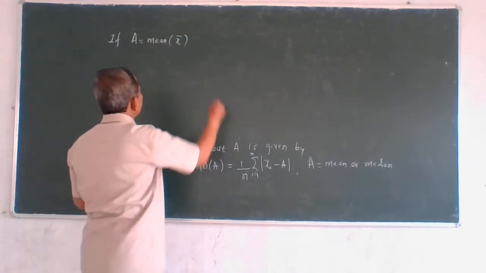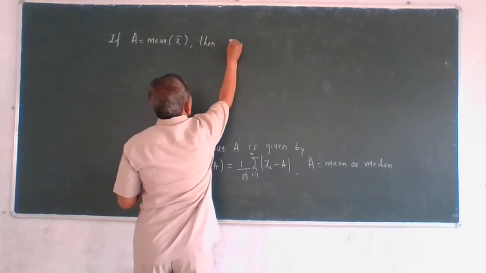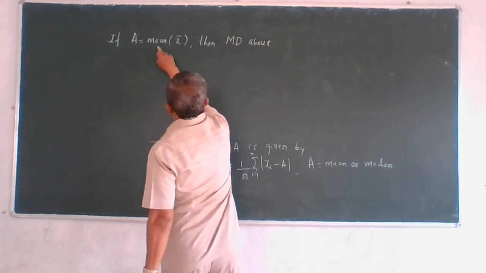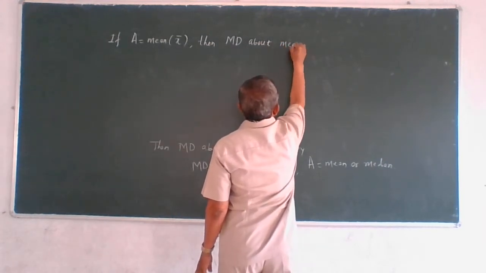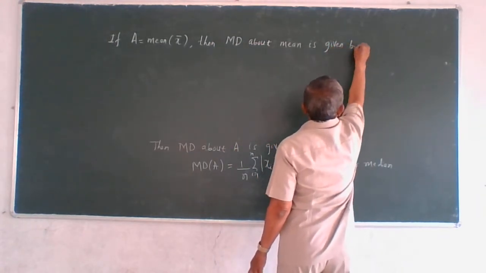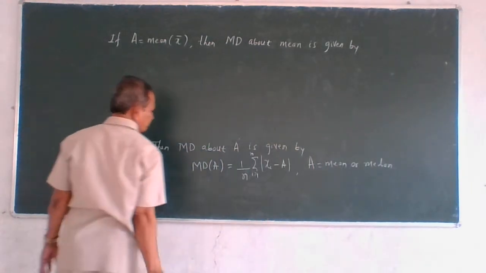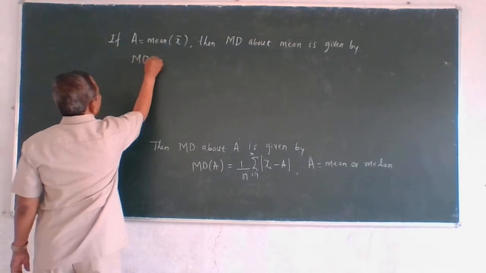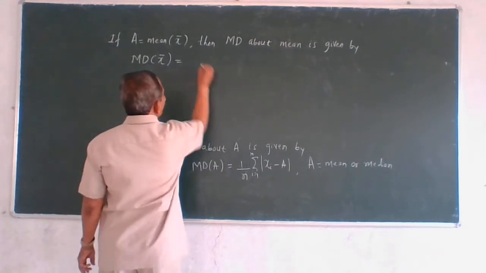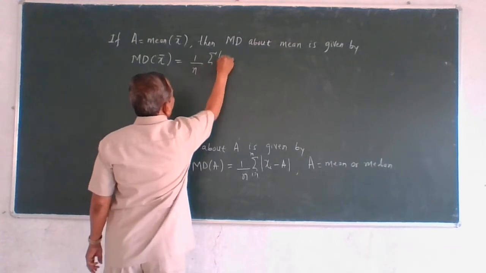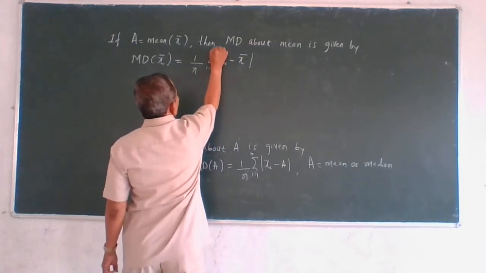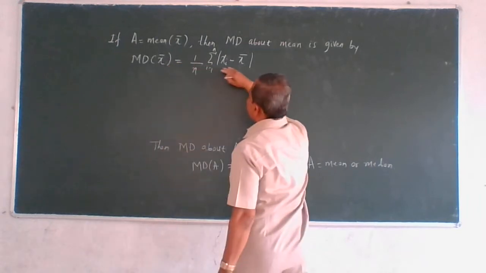Then the mean deviation about mean is given by the formula: replace A by x bar, so mean deviation about x bar is equal to 1 upon n summation of modulus of xi minus x bar, i equal to 1 to n. This is called the mean deviation about mean.